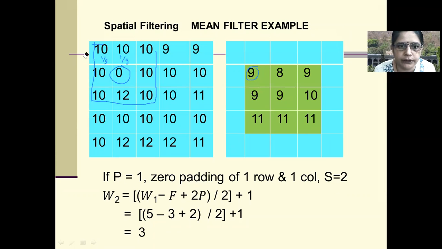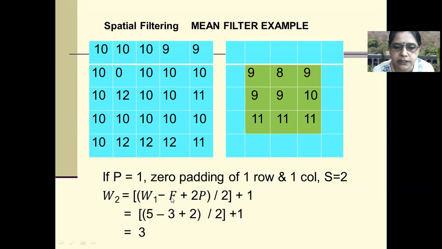With this convolution technique, we also talked about the relation between output image size and input image size. This output image size depends on various parameters like what is the input image width, what is the filter size, whether you are using padding, if yes, how many layers of padding you are using, and what is the stride rate.